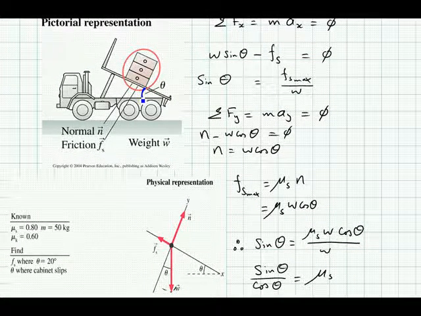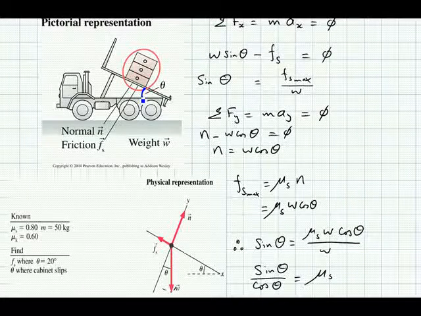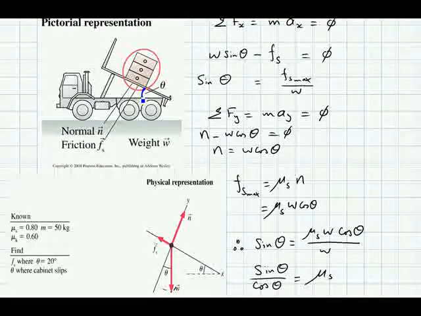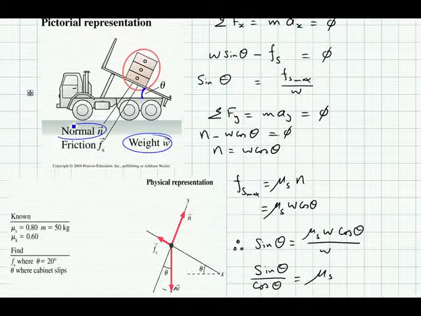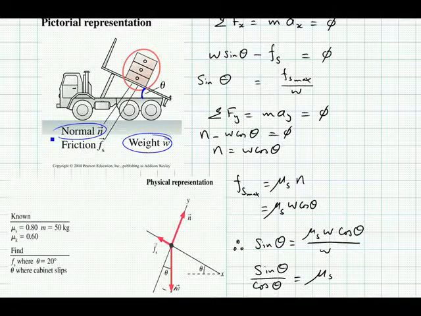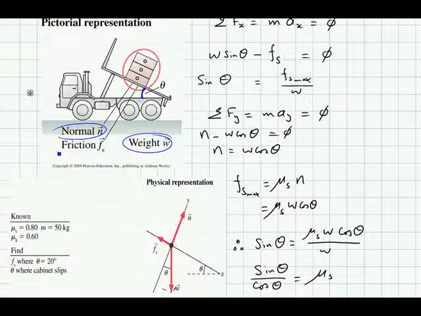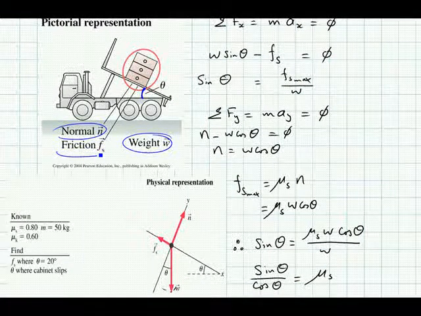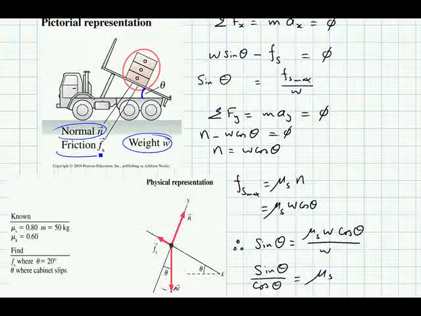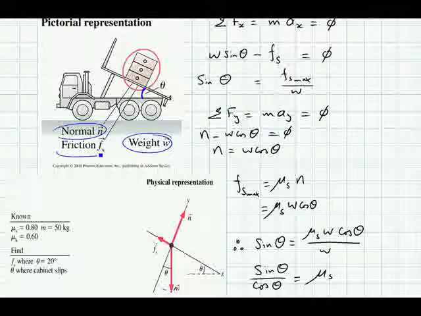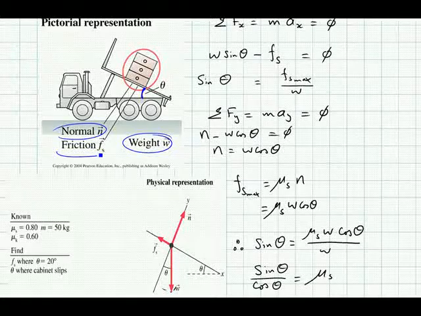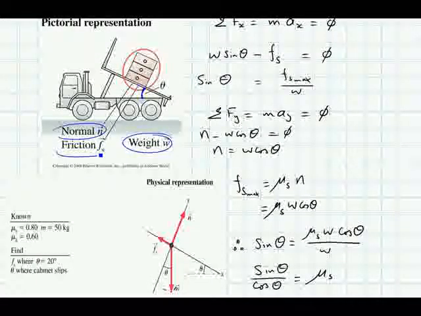So the load here, the chest of drawers, is our object. The forces acting are, of course, our weight, the long range force. There's normal force because it's in touch with the truck bed, and of course static friction force. We're interested in the load, which is actually at rest with respect to the truck bed here.